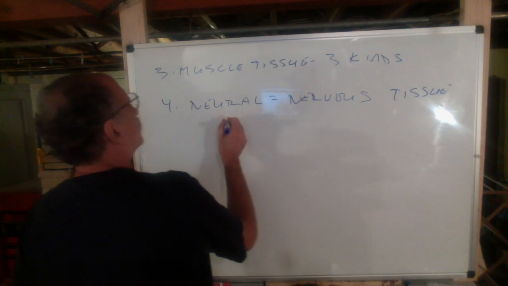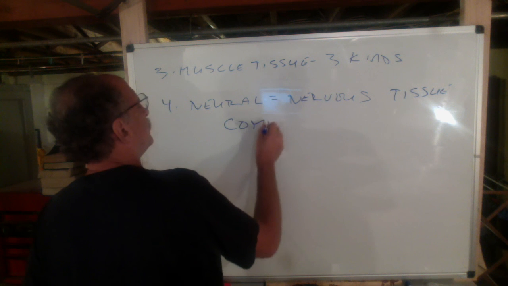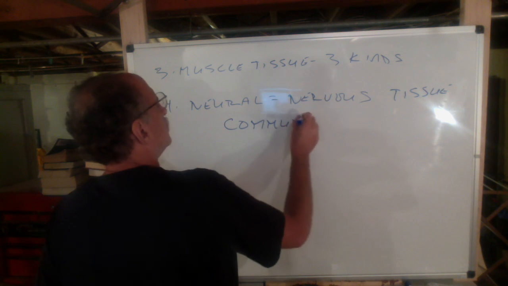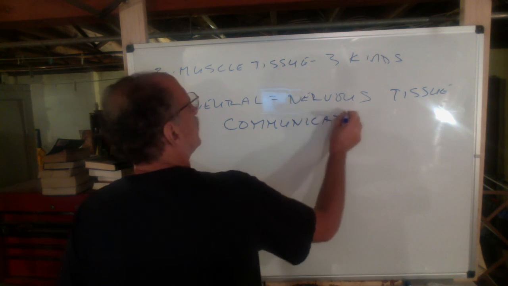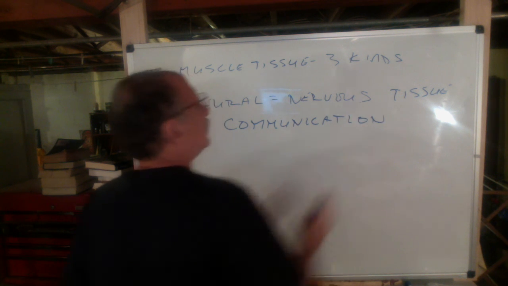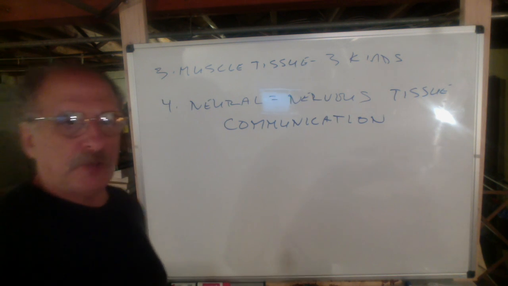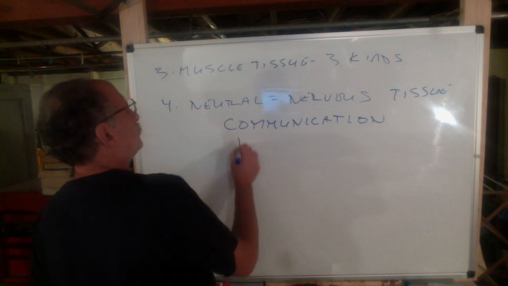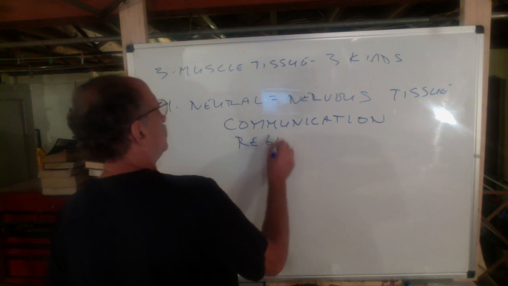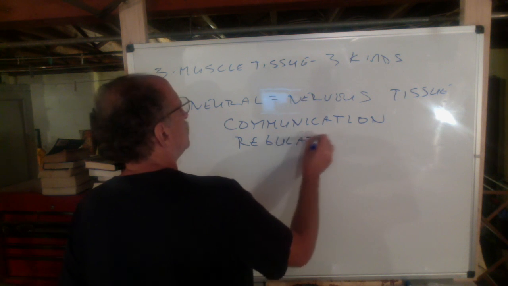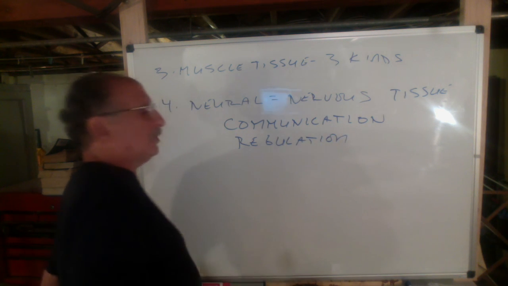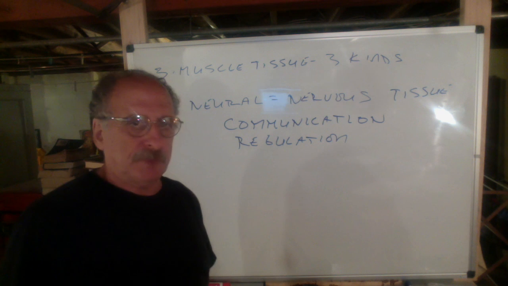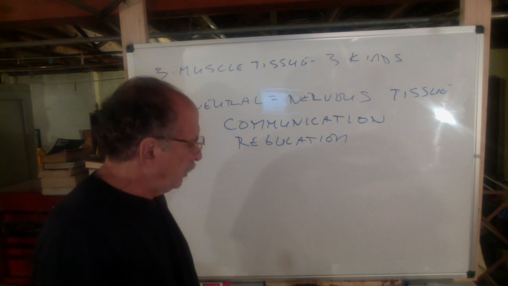It's involved with communication. One part of your body, like for instance your brain, communicating with other parts of your body. And why do we need the communication? We need it for regulation. When the brain communicates with the heart, it's doing that for the purpose of regulating the heart.